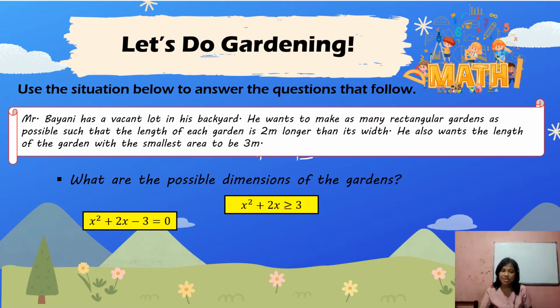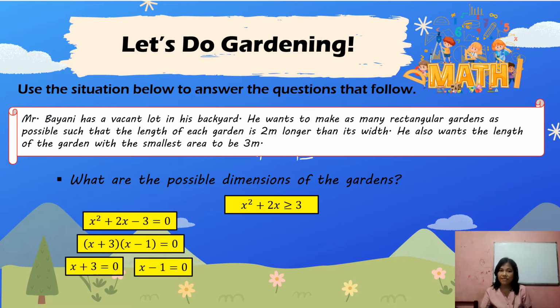So this is now in standard form, and then proceed with the methods for solving quadratic equations like factoring, completing the square, or the quadratic formula. Here, I'm going to use factoring. The factors are x plus 3 and x minus 1. Separating the factors, I end up with x equals negative 3 and x equals 1 as my critical values.